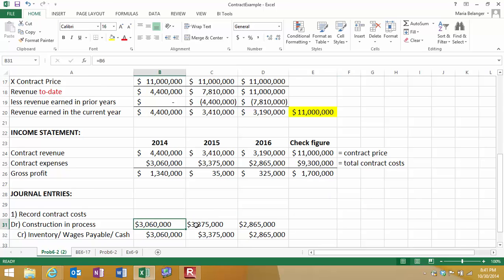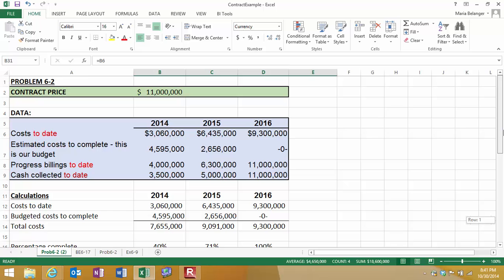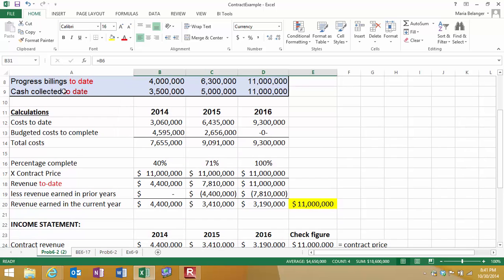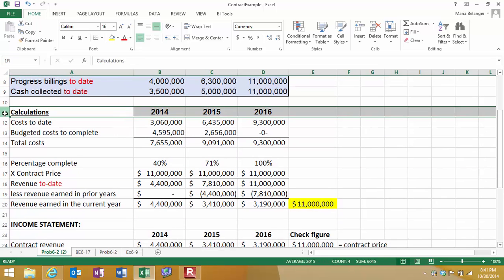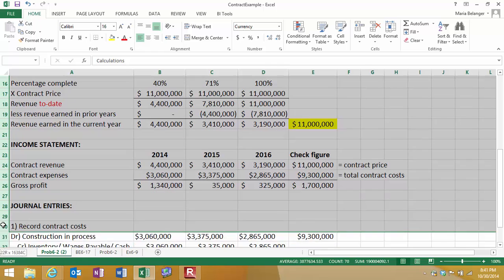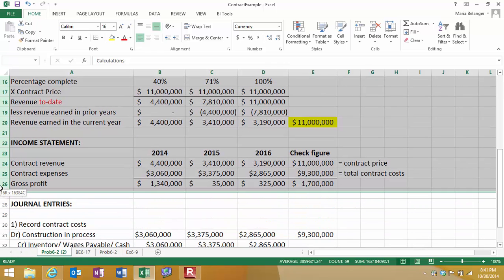Now just bear in mind here as well, I'm just going to use my check figure, and it adds up to the 9.3, which is the total cost that was provided at the end of the contract. So now just so we can see our data, I'm going to hide the calculations for the revenue as well as my income statement.